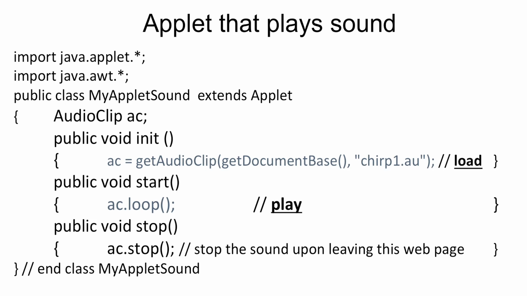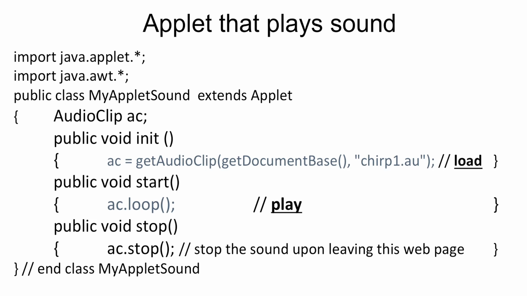Now see the first method, the init method. Inside init, ac equals getAudioClip. Here we are invoking the audio clip with the help of getDocumentBase, and the name of this audio file is chirp1.au.